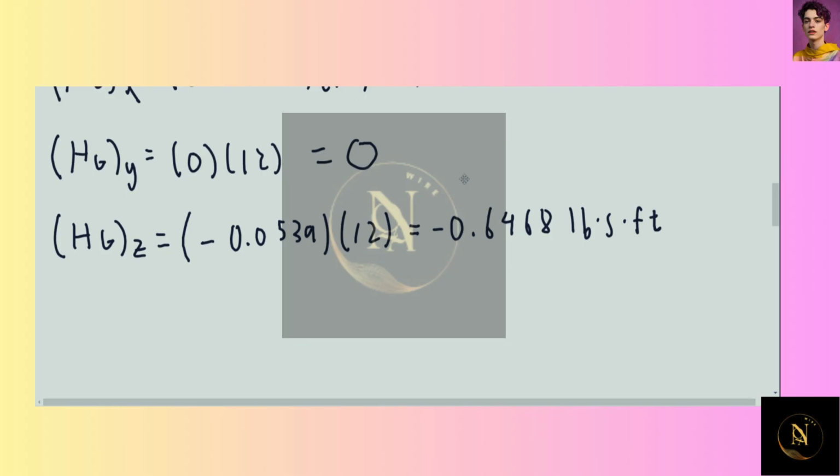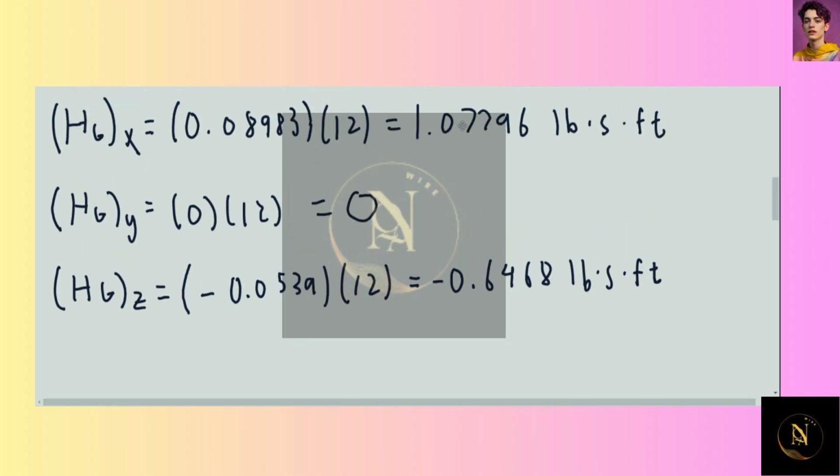So we now have the x, y, z components. We can now write the angular momentum as a vector and then take the magnitude of that vector.